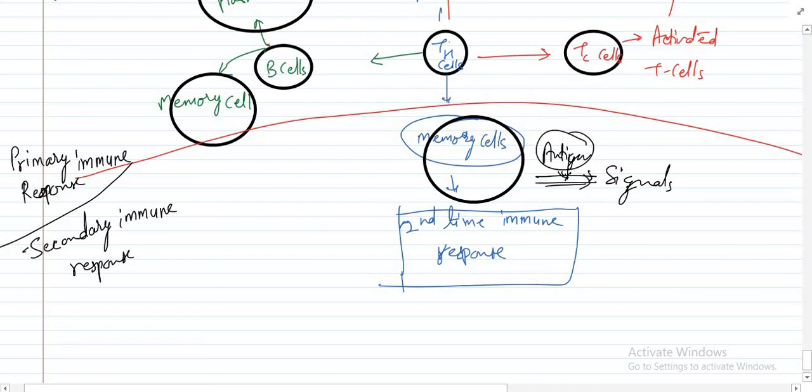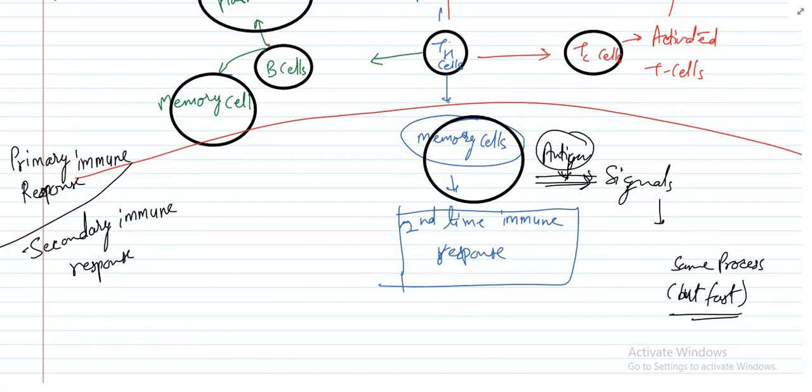Then the same process starts again, but fast. So this is the complete scenario of how our immune system works.